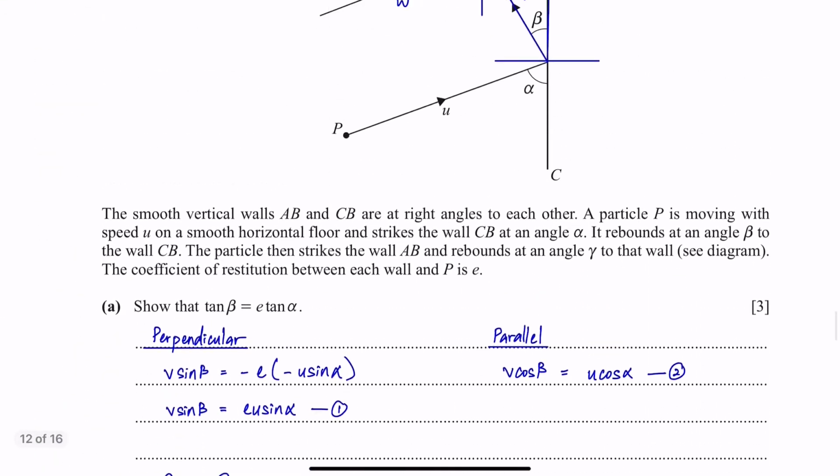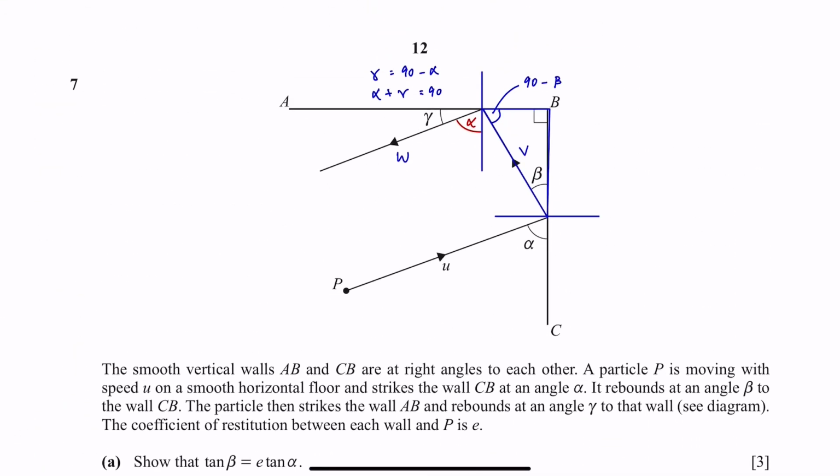But before that, we need to know what the final speed is in order to know the value of the kinetic energy loss, right? So we need to know what W is.